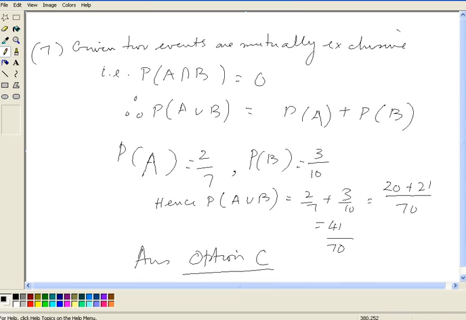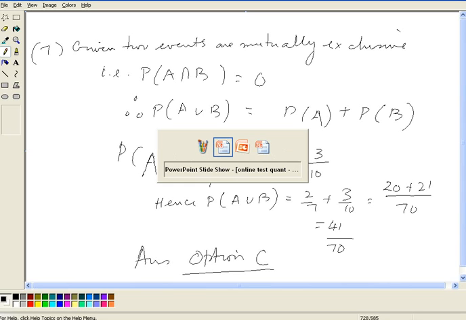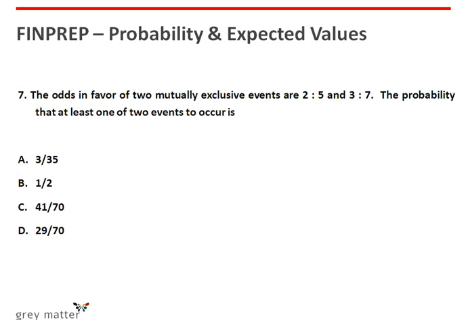Hence, P of A union B is equal to probability of A plus probability of B. Now probability of A is equal to 2 by 7, probability of B is 3 by 10. Substituting the relevant values, we work out 41 by 70. So the answer is option C. In our PowerPoint presentation, it is option C, which is 41 by 70.